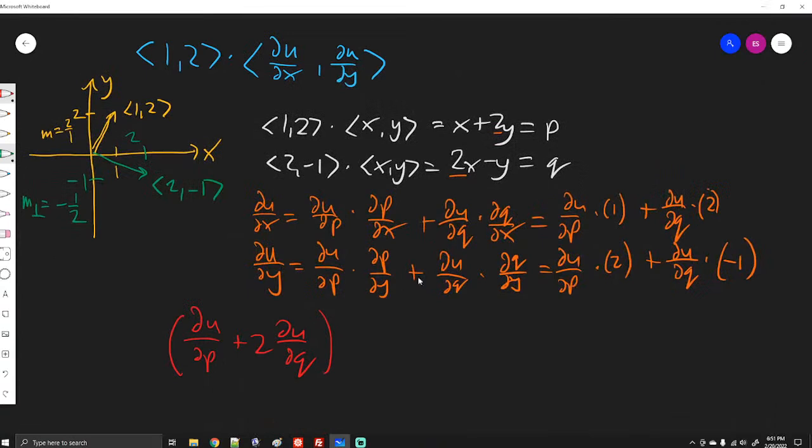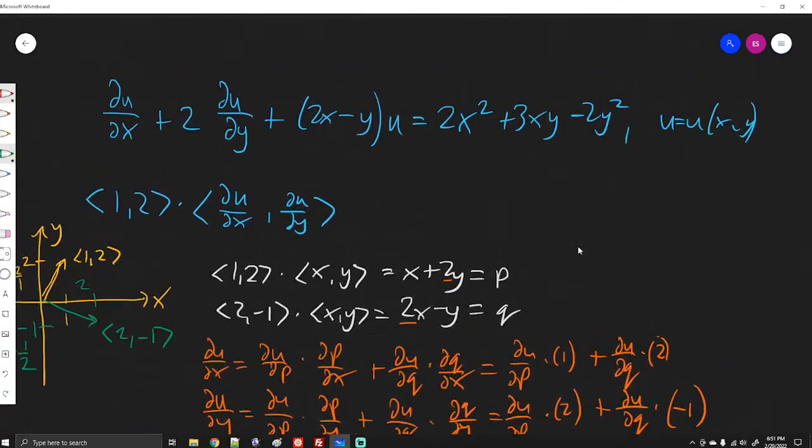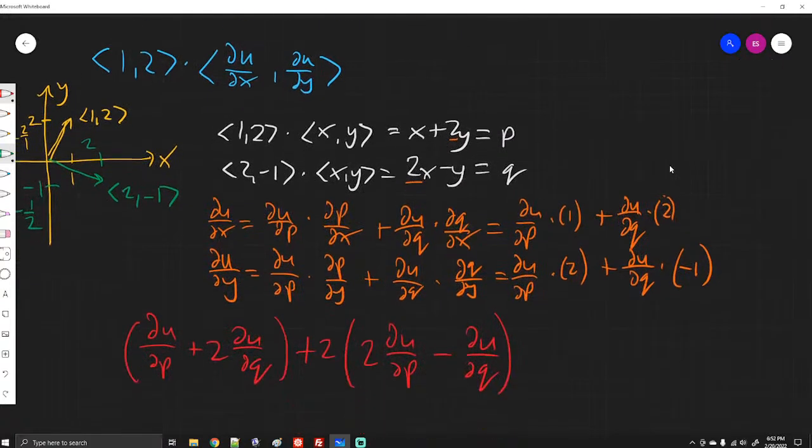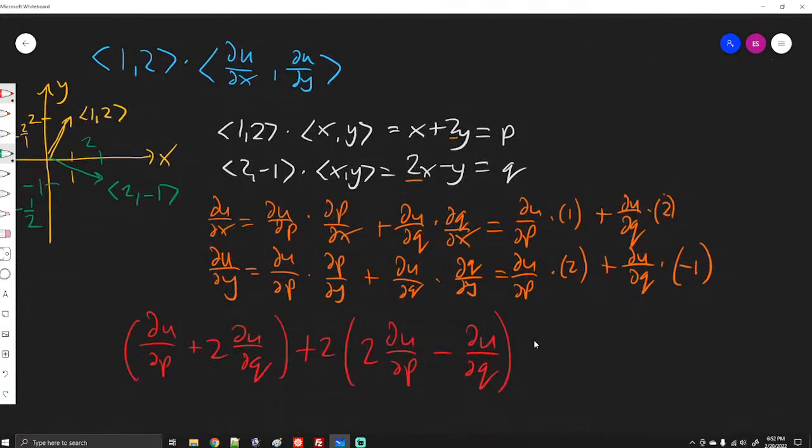So the du dy formula is right here on the right side. So plus 2, 2, and then minus partial of u partial of q. And now this third term on the left side here, 2x minus y, that's just going to be q. So I'm going to put plus qu equals.